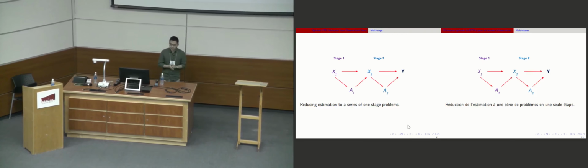The multi-stage decision problem is a little more complicated, because your current decision will affect both future decisions and outcomes. Your current stage decision might not only affect the immediate outcome, but also future outcomes. This is called the delayed effect of treatment.